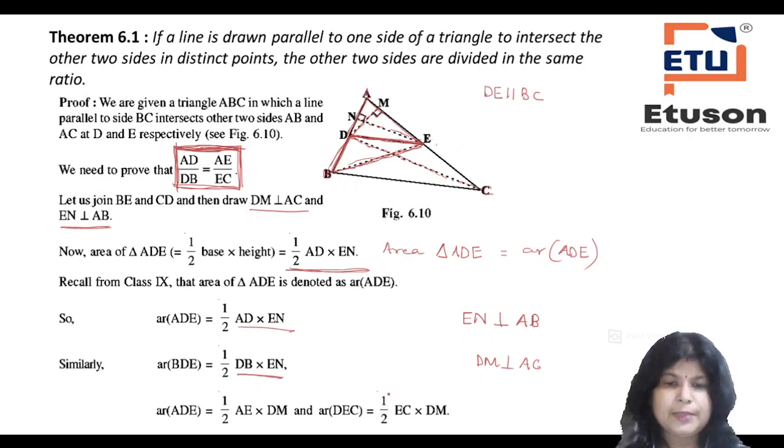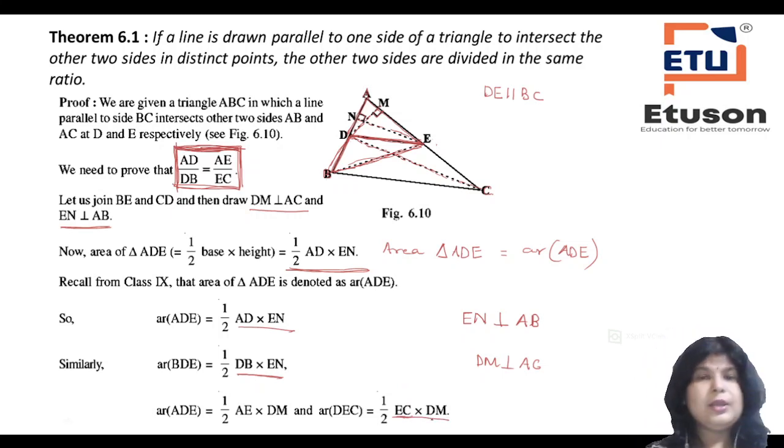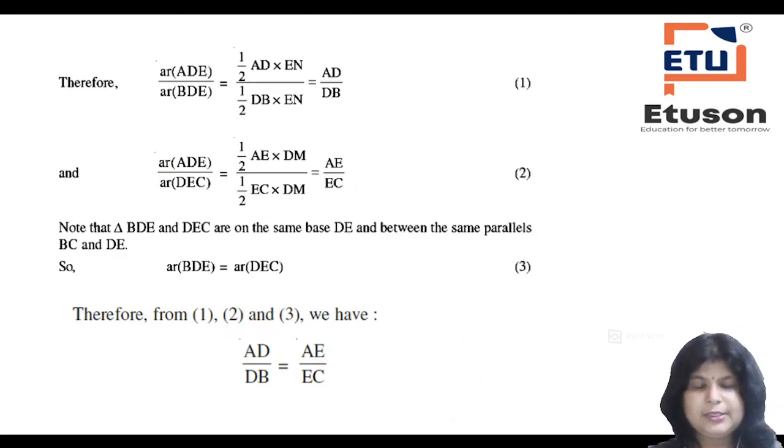On the basis of that, you can take half into base into height. So base is EC and the corresponding altitude is DM, correct? So that is half into EC into DM, correct? So now you have found out the area of all the triangles. So now let us take the ratio.